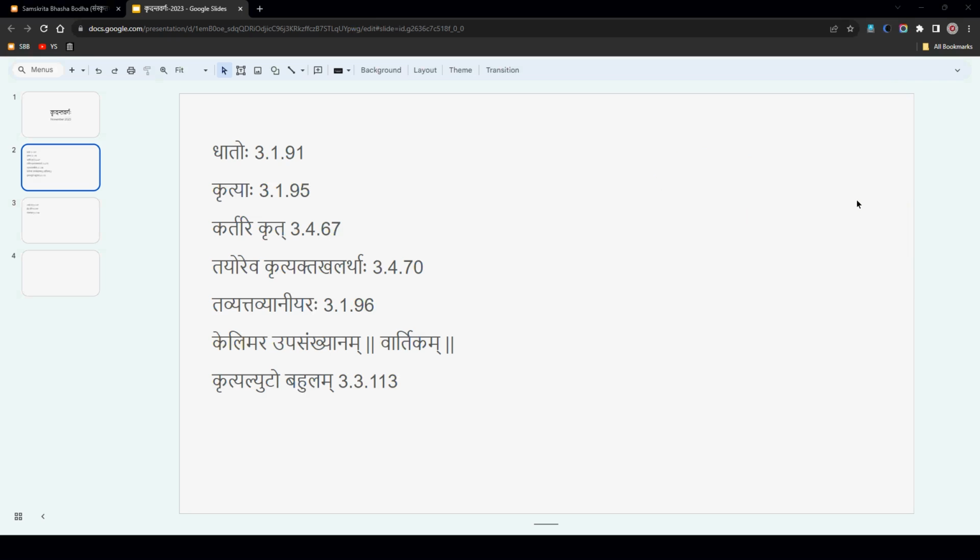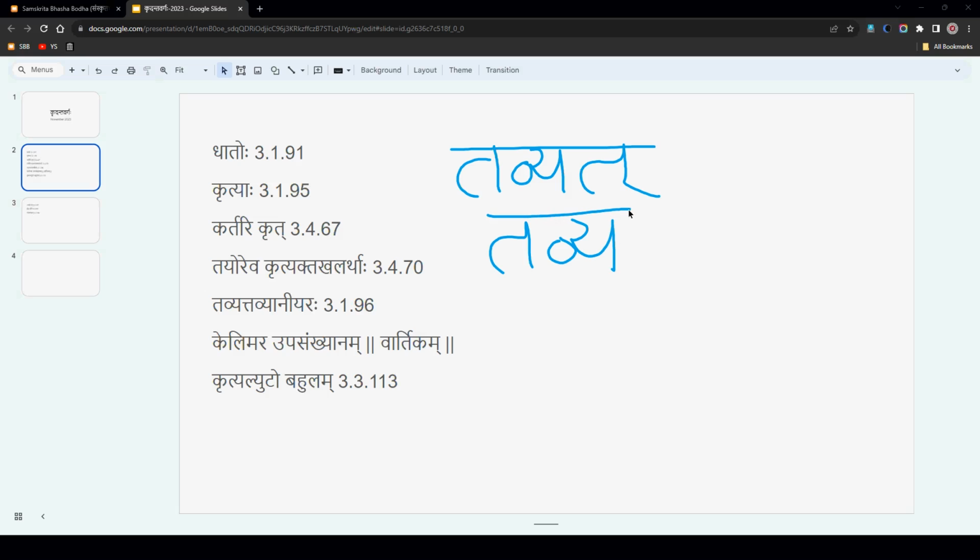Now, what are the Kritya Pratyayas? There are six. One is Tavyat, which we already looked at: Tavyat, Tavya, Aneeyar. These three we looked at.